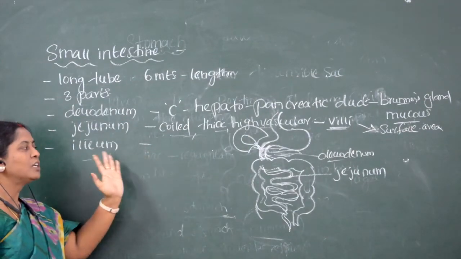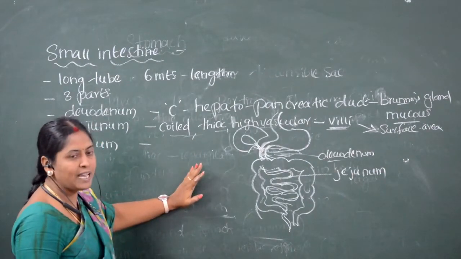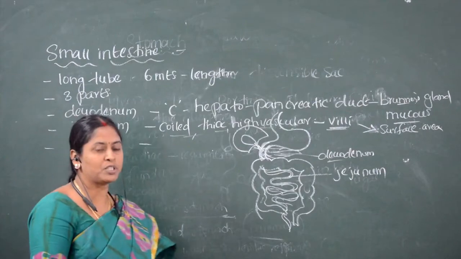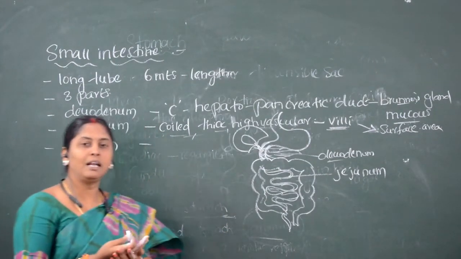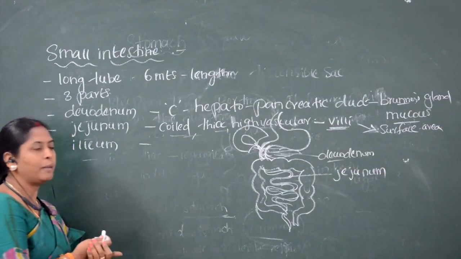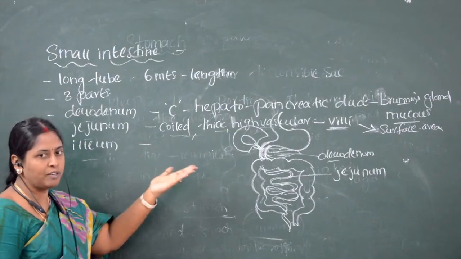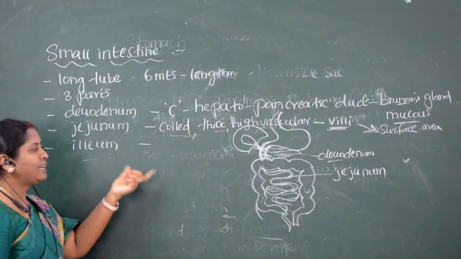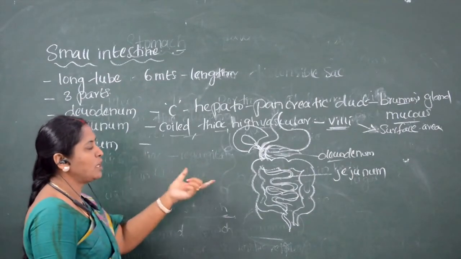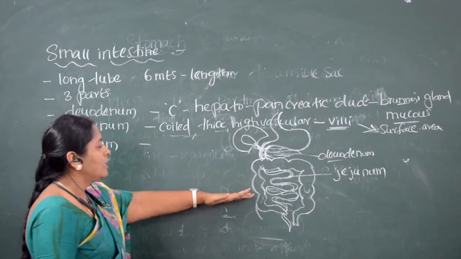Microvilli are the many microscopic projections on the villi, covered with columnar epithelial lining, which increase the surface area for the absorption of digested food material. That is the jejunum.